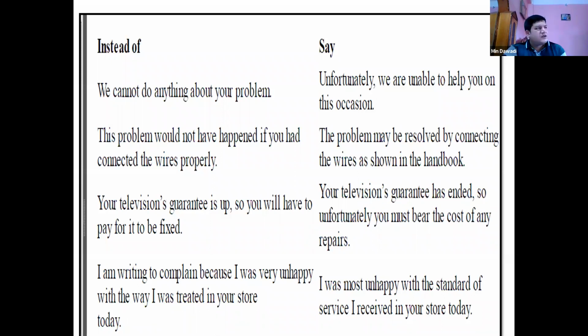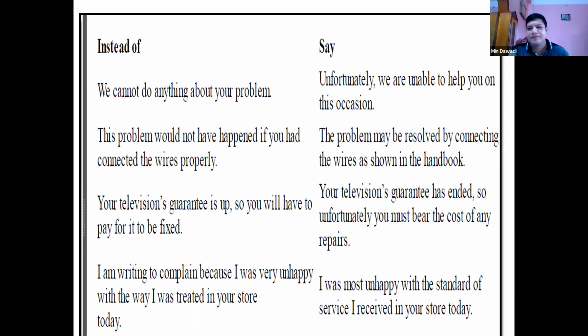For example, we cannot sell goods until Friday, or you will not get goods until Friday. That is negative. In business language you should reduce the "no". Instead say: you will get goods on Friday.